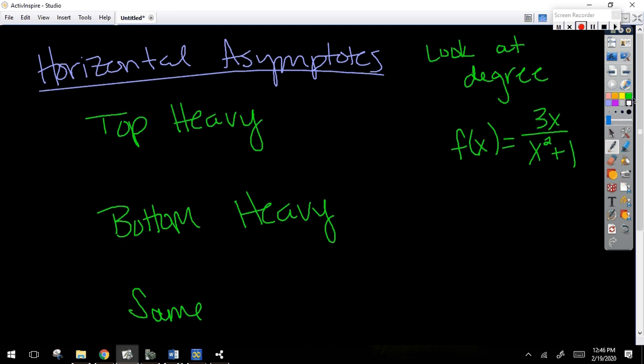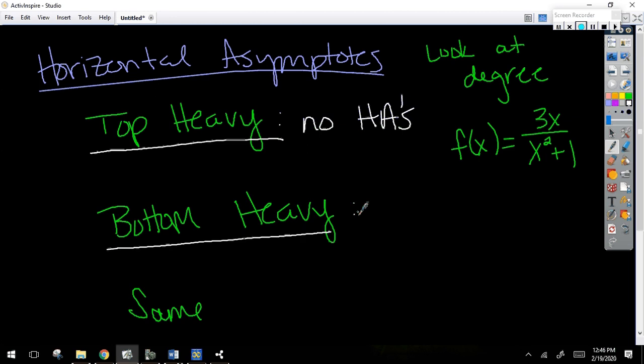All right. If our function is top heavy, we have no horizontal asymptotes. There are none. If I am bottom heavy, I have one and only one horizontal asymptote, and that horizontal asymptote is at y equals 0.